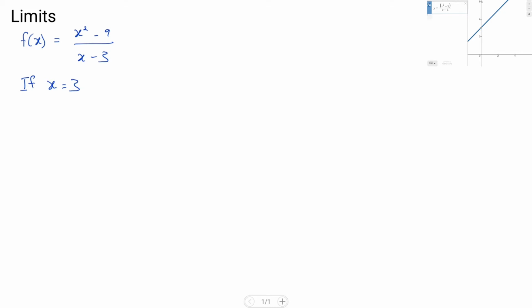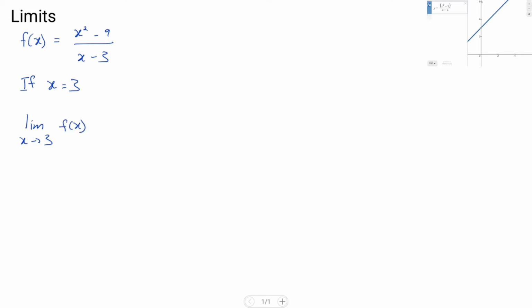What we can do is see how the function behaves as the value x approaches 3, and we have special notation for that. We're investigating the limit, so lim as x approaches 3 of our function f of x.